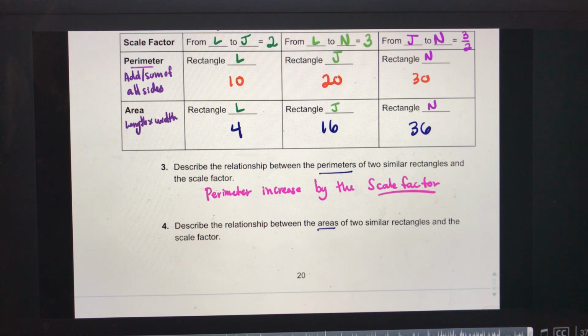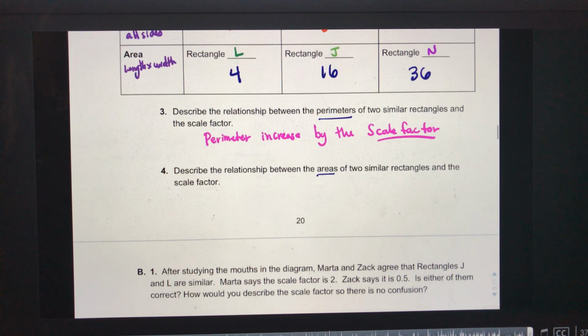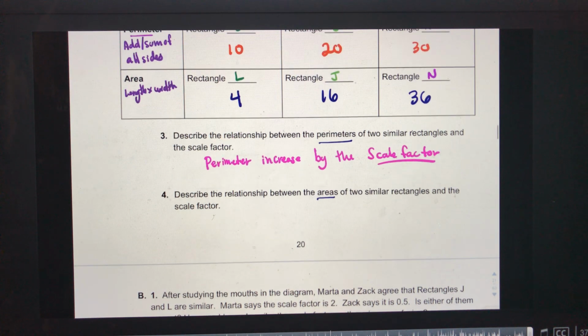For example, if we went from L to J, the scale factor was 2, and the perimeter was also times 2. So the perimeter and the scale factor were the same, or the perimeter factor, I guess you could say.